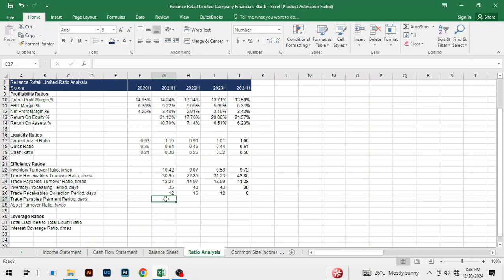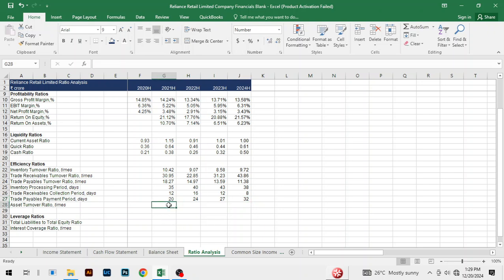Obviously the company now takes about 7 days to collect money from its customers. 365 divided by the ratio, right? So it takes now almost a month to pay its creditors, which is okay.